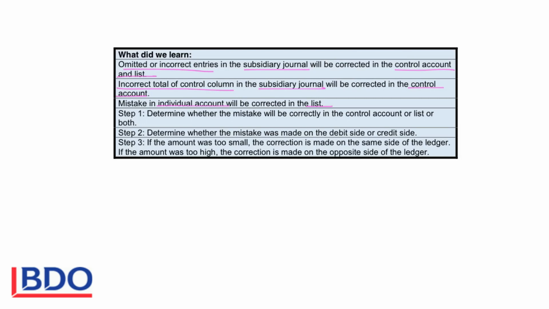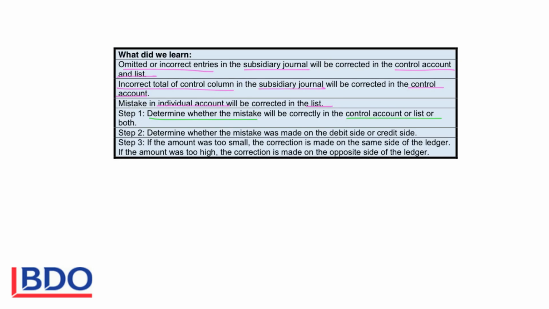When you have to reconcile the debtors list with the debtors control or the creditors list with the creditors control, the first step is to determine whether the mistake was made in the list or in the control account, so that I can determine whether I must correct the mistake in the list, the control account, or both places.